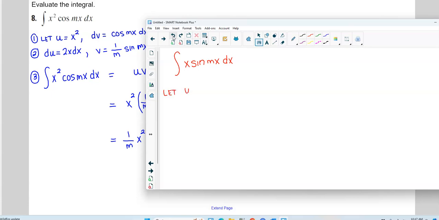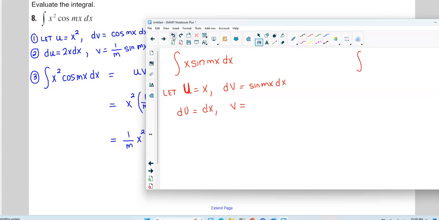So we're going to let capital U equal x, and we would let capital dV equal the sine of mx dx. So therefore dU is going to equal 1 dx, and V is going to equal the antiderivative of the sine of mx dx.